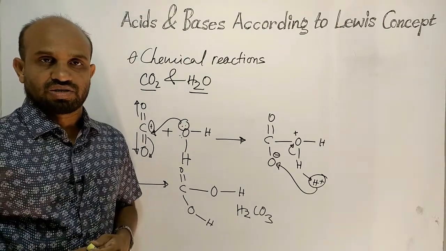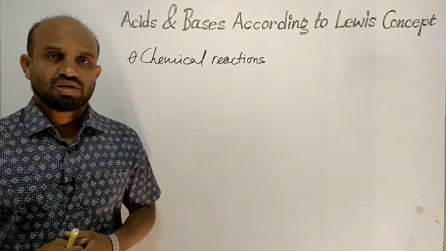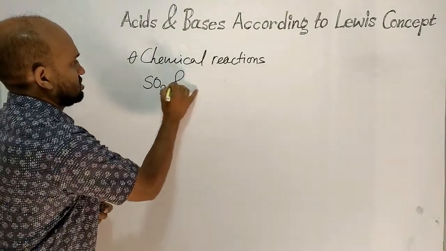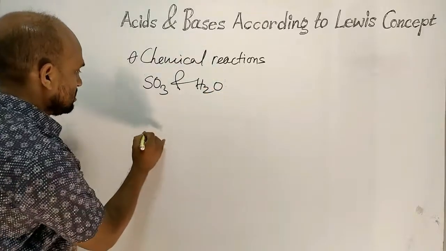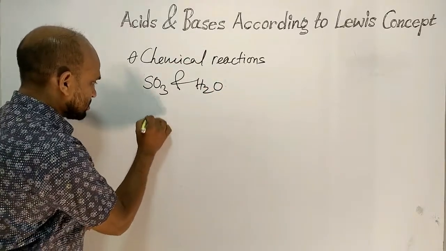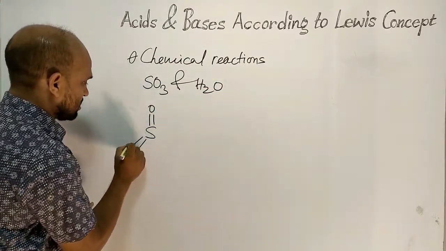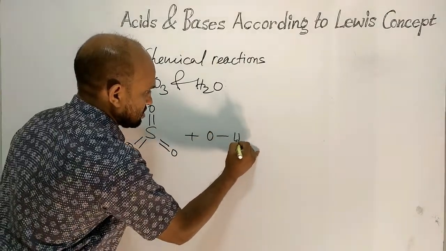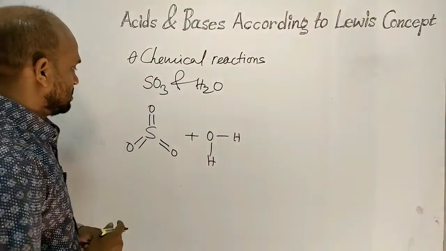Let's see another reaction. Now the reaction is between sulfur trioxide and water. Here let's write the structure formula of sulfur trioxide. This is sulfur trioxide and this is water.